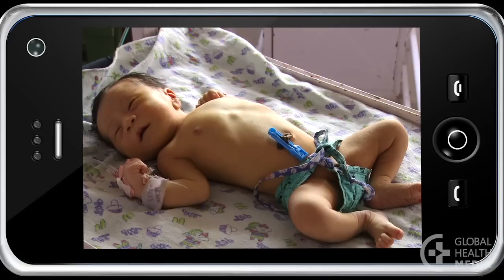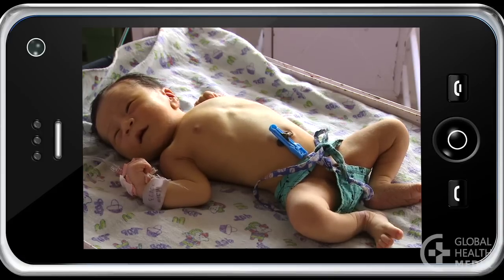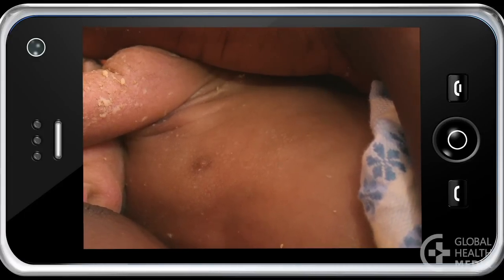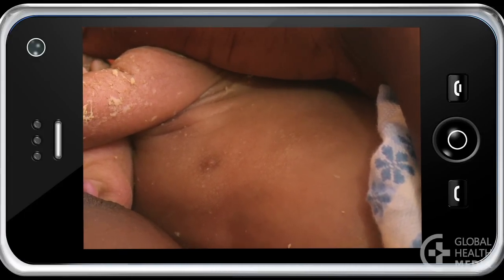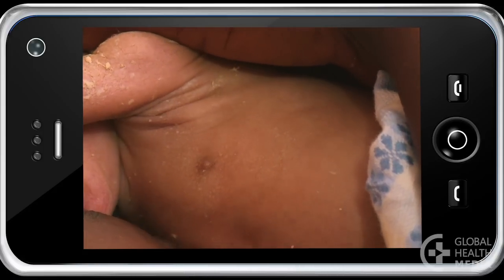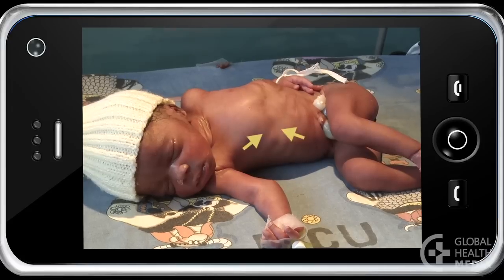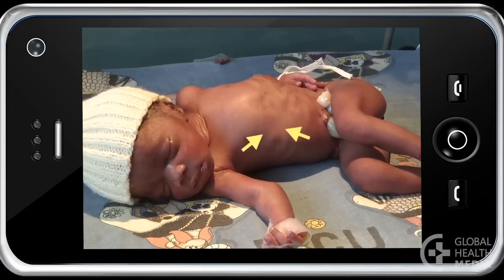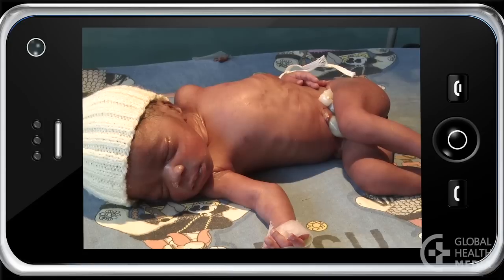An unwell baby may breathe too fast, have long pauses in his breathing, or have chest indrawing, and sometimes a grunting sound.